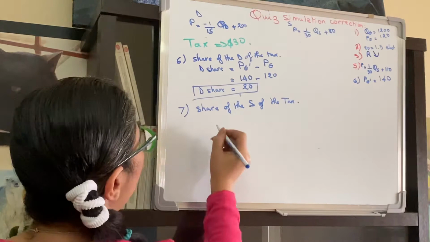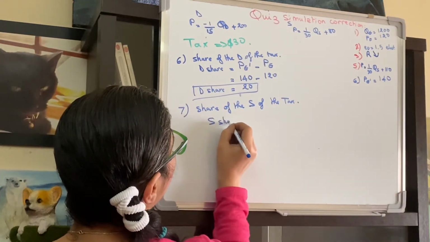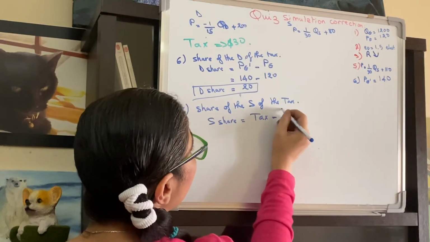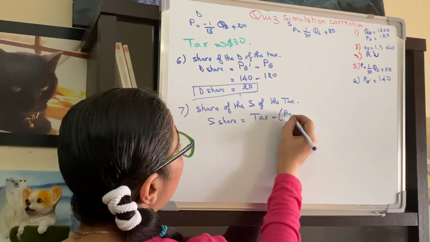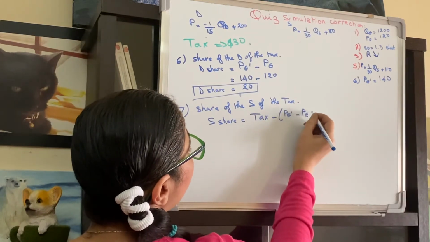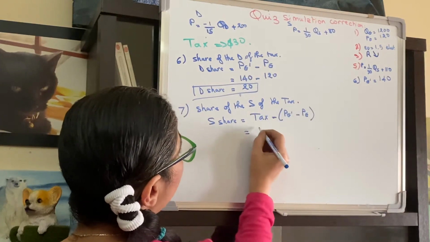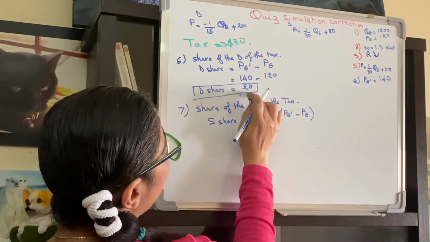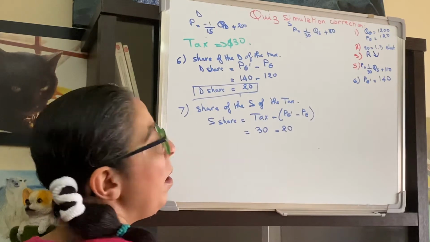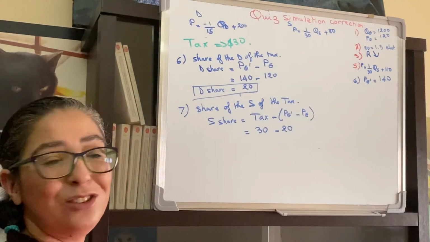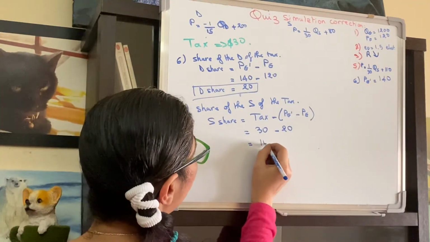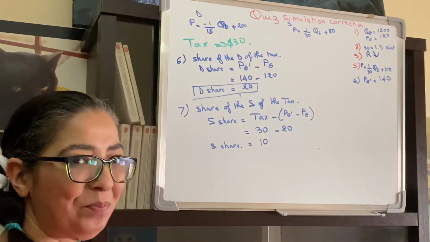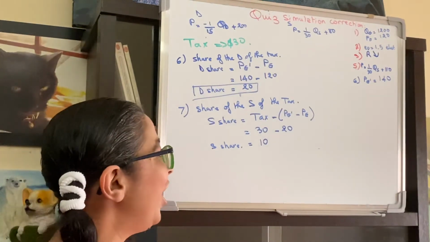So, supply share is equal to the tax minus what the demand pays, PE prime minus PE. Okay? So, it's $30 of the tax minus the $20 that were paid by the demand. So what's left is $10. That's the supply share. Okay? So the supply share is $10.